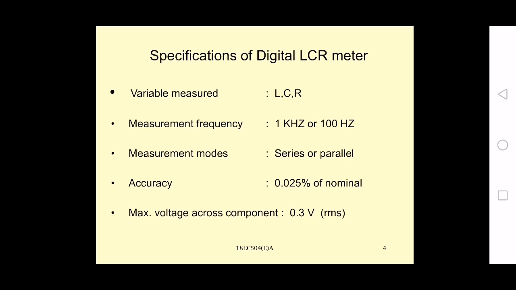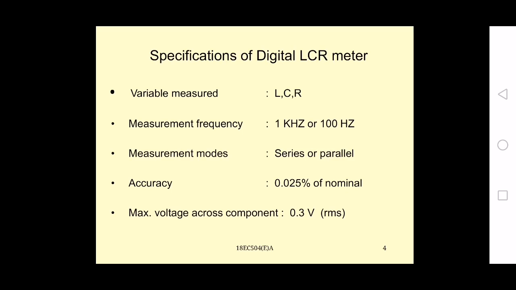Measurement frequency: you can select either 1 kilohertz or 100 hertz. As we are giving input to the op amp in the internal circuit of LCR meter, we may select either the frequency of 1 kilohertz or 100 hertz depending on your choice.